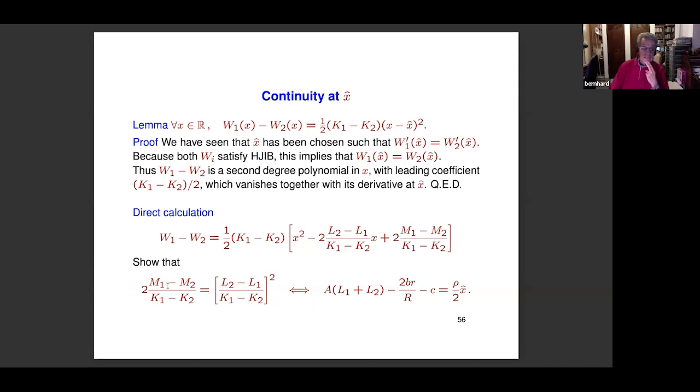And I insisted on the fact that M1 and M2 are a function just of L. M is a function of L squared and L. When you make the difference, you have an L2 minus L1 that factors out, and therefore you can also simplify by this factor. And you are left with proving this, which is a big calculation, but that you can do. So it's not too surprising. But of course, the good proof is the abstract proof.